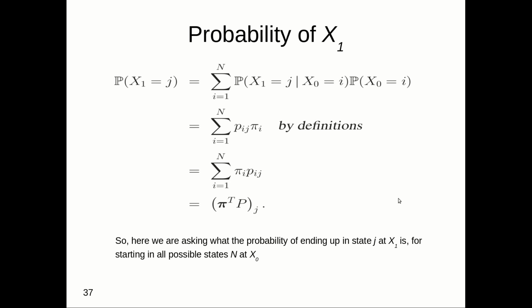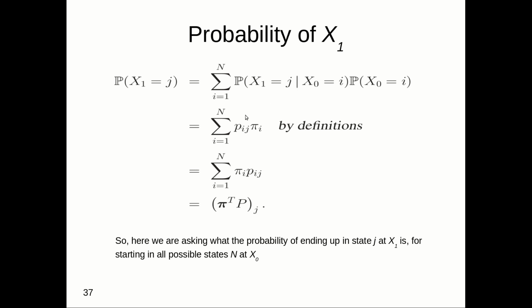Now, given this additional information about the initial probability distribution of our random variable x0, we can start thinking about the probability distribution of being in state j at time 1. So now, this boils down to the product of the probabilities of being in state i at time 0 and then transitioning from state i to state j.